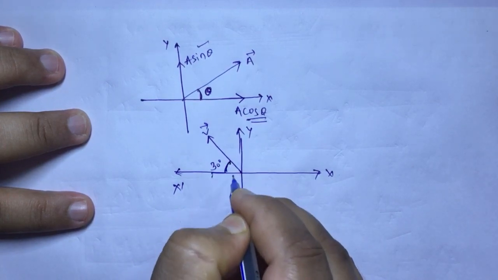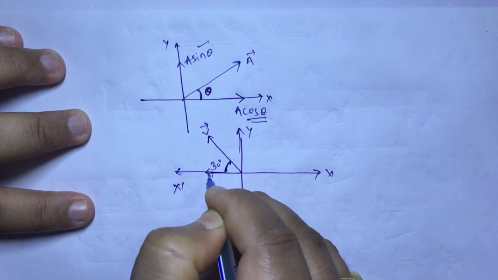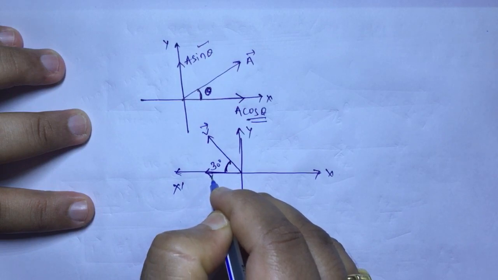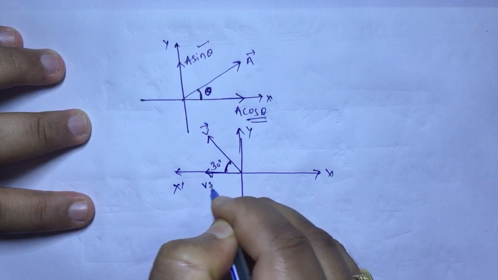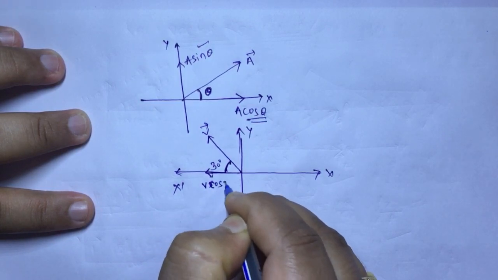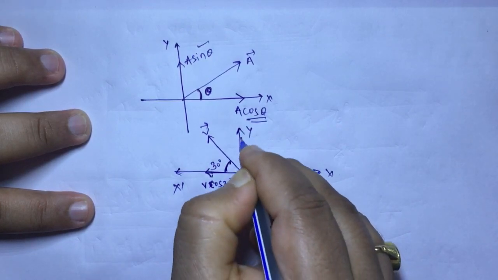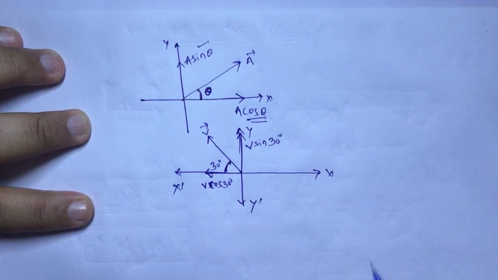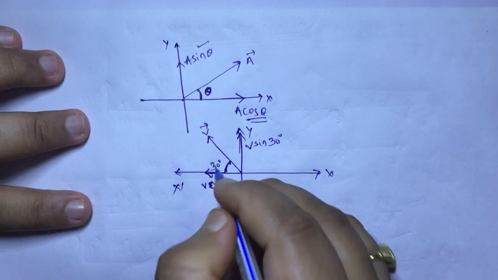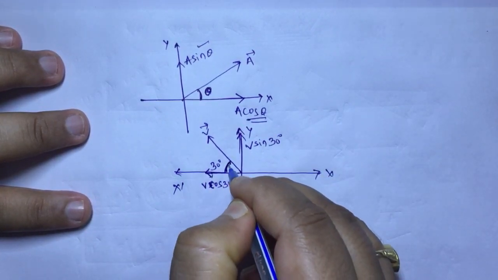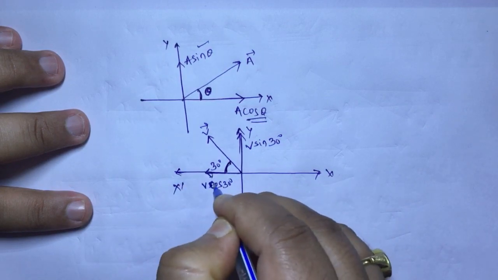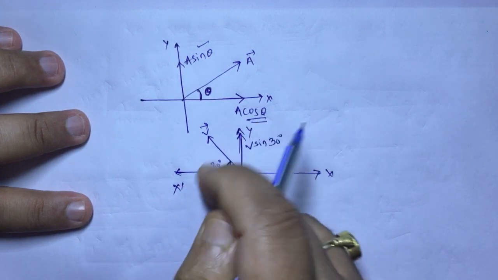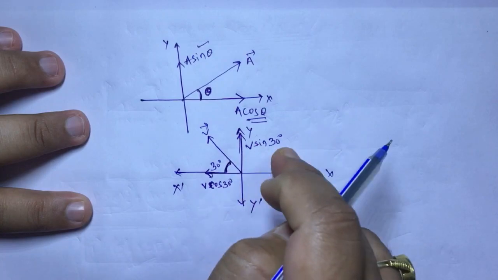Theta is attached here, so along this direction v cos 30 degree will come, and along this direction v sin 30 will come. Okay, 30 degree is here, so whichever axis it is attached to, along that you write cos theta, and along the other axis you write sin theta.